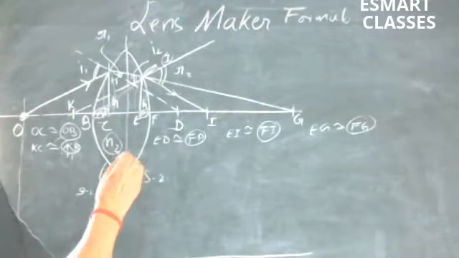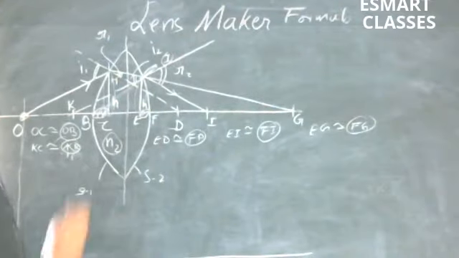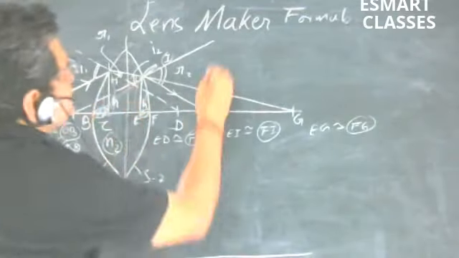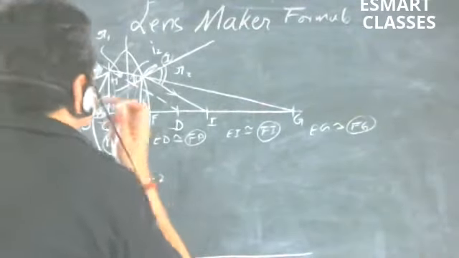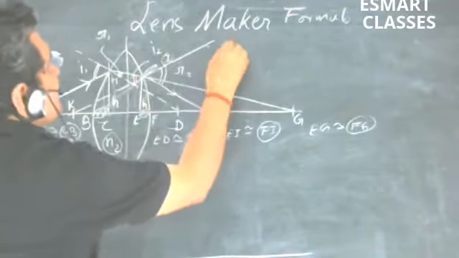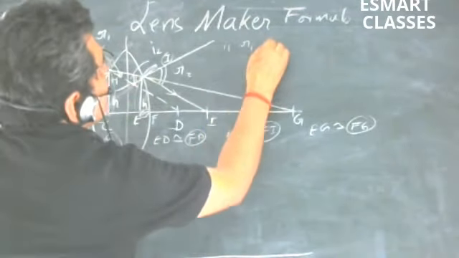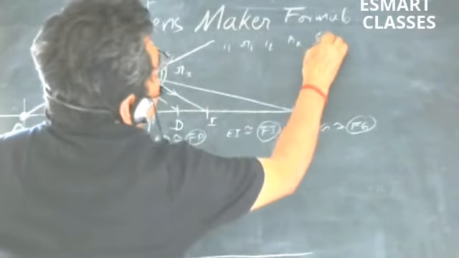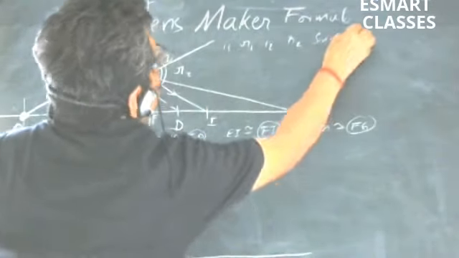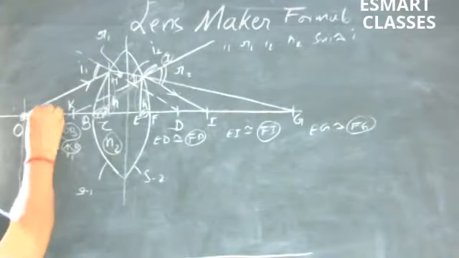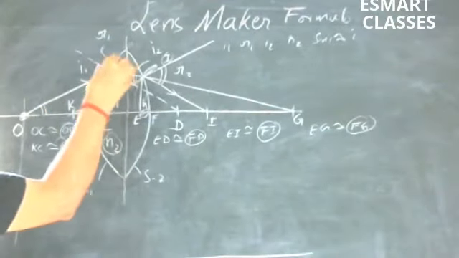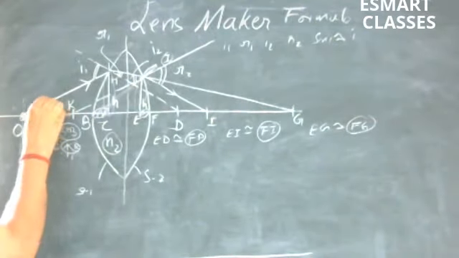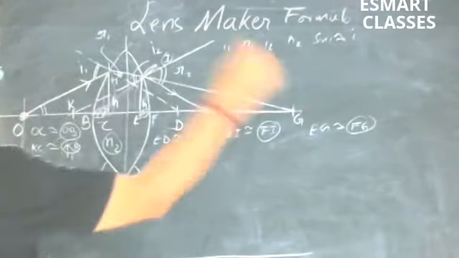Now, two assumptions I have mentioned. This distance we are ignoring, and this we are saying is almost the same. Another assumption is that all angles are small, and since all angles are small, say I1, R1, I2, R2, these are small, so sine i will be taken as i. Similarly for these angles, instead of writing angle HOB, I would prefer writing the angle straight away here because it makes it easier to solve.